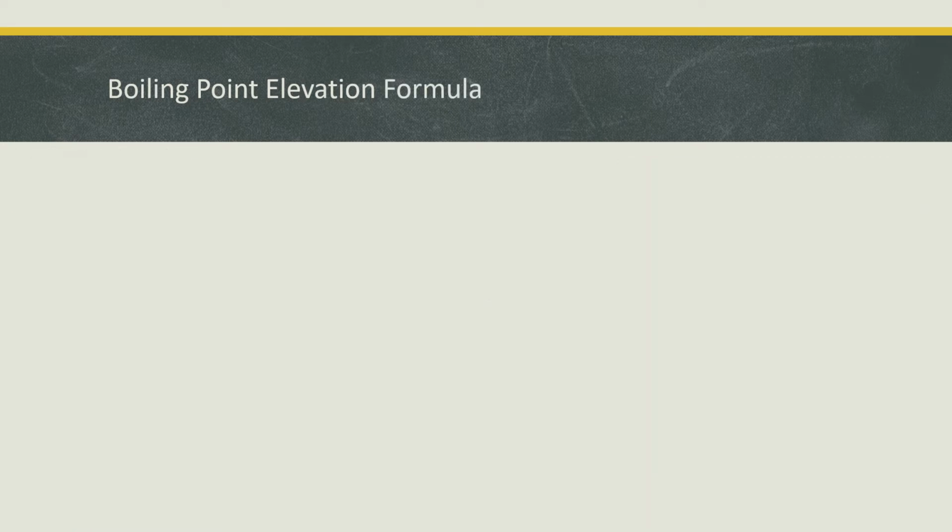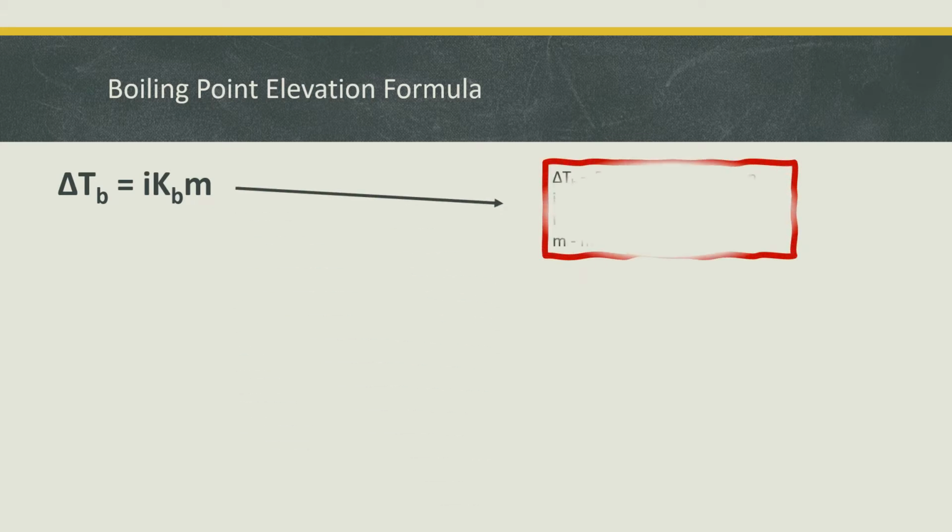All right, the first thing that we're going to talk about today is the boiling point elevation formula. You can see that it's appearing right there on your screen for you. It says delta T sub B equals i Kb lowercase m. But before I continue, we need to know what each one of those things stands for. So the delta T sub B stands for the boiling point elevation.